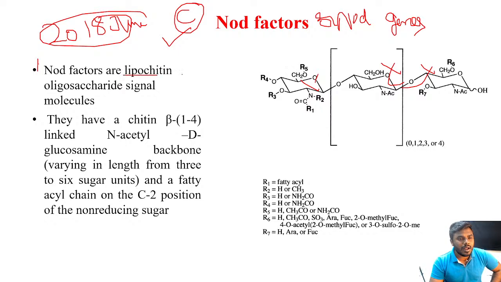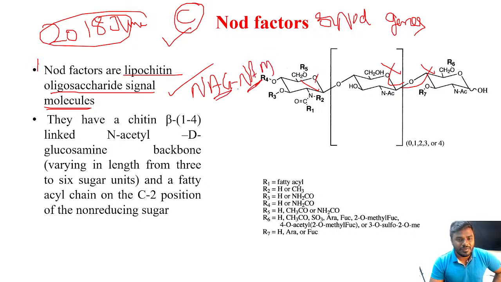Nod factors are lipochitin oligosaccharide signaling molecules. Of course, true. They are made up of, friends, NAG and NAM, N-acetyl glucosamine and N-acetyl muramic acid, which are associated with a glycosidic bond, and what kind of linkage do they have, my friends? Beta 1,4.